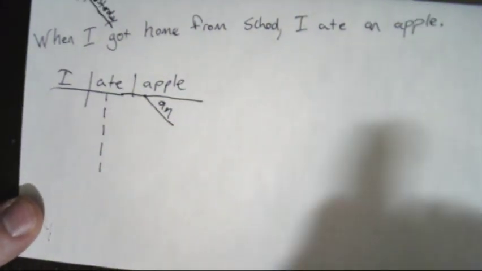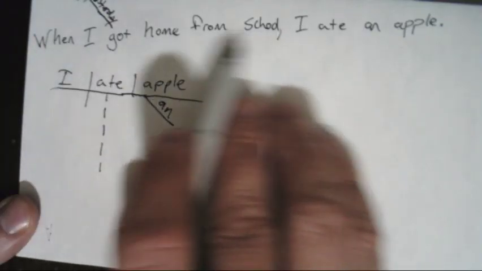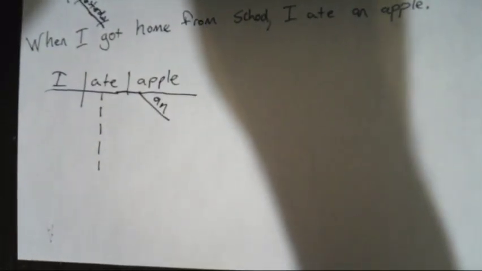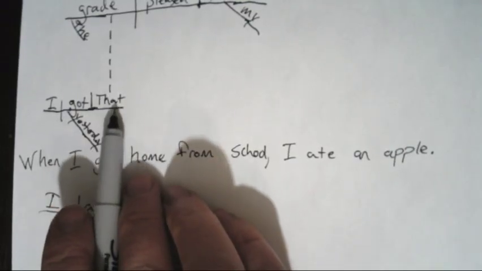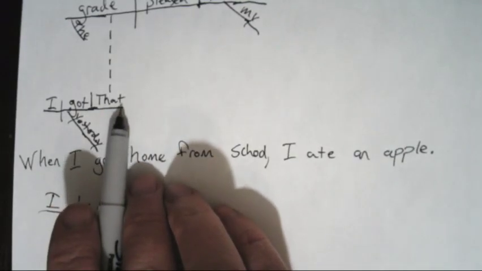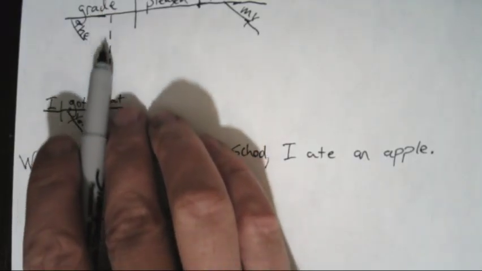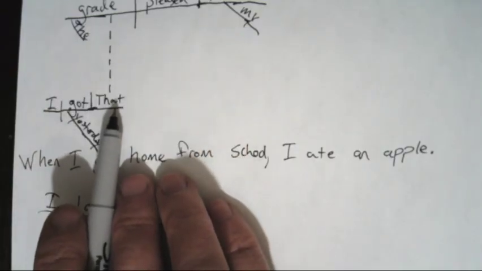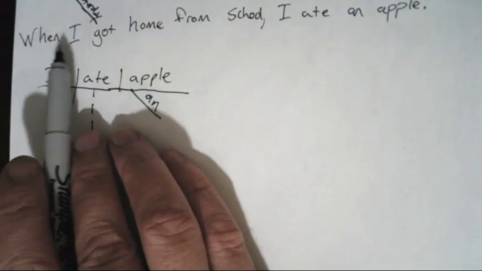So, we've got the dotted line coming down. Now, since we have this indicator word when, it's introducing this clause, right? That introductory word, instead of that, is a pronoun, right? So that is connected here because grade is the antecedent of that, right? Because we could replace that with grade. But here, when is not a pronoun.